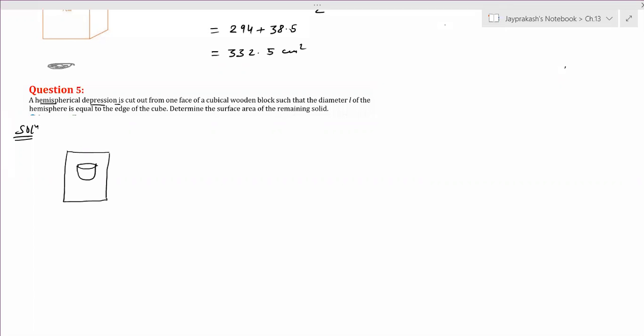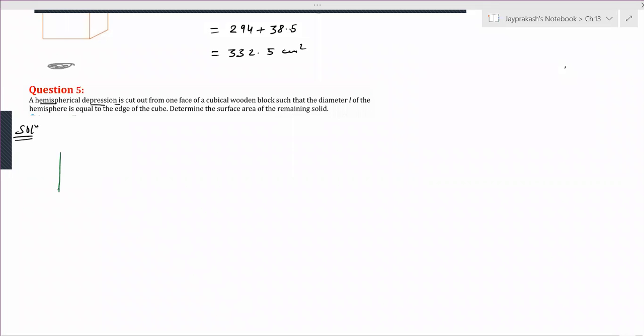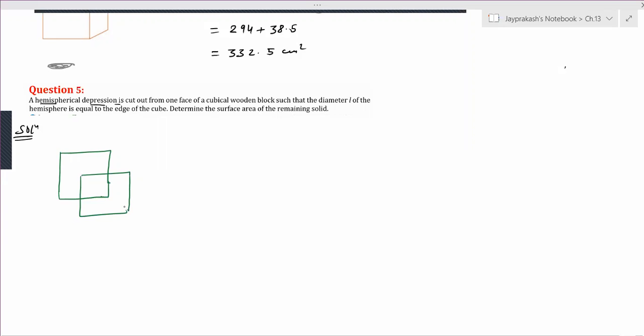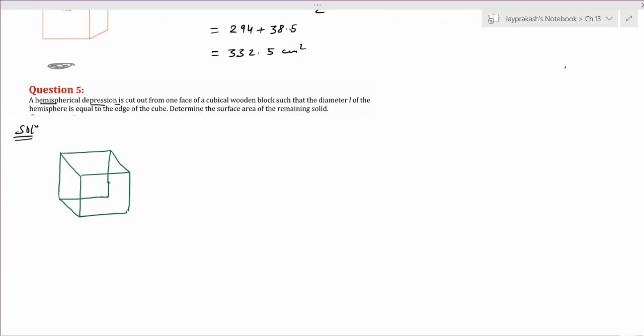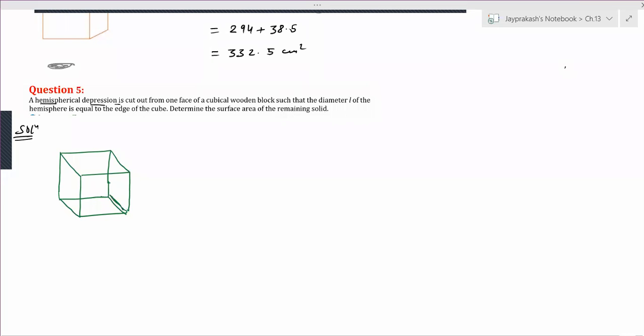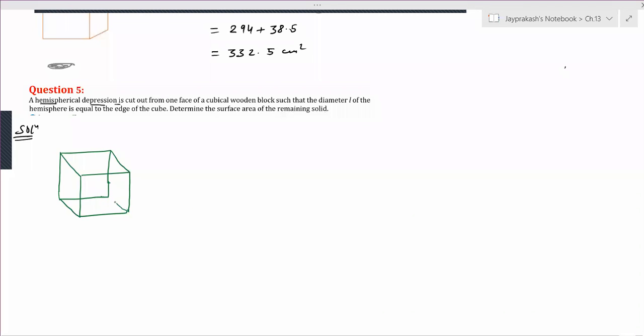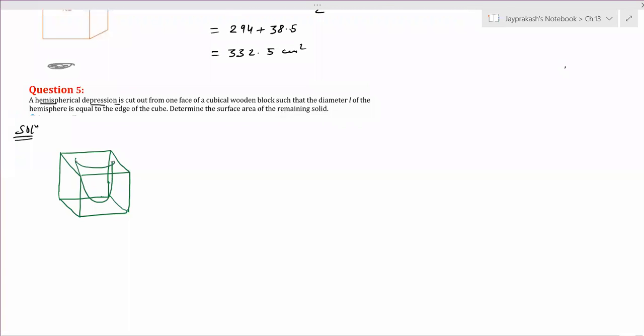Now it is given that we have a cubical box. Out of this cubical box, we have to take out a hemispheric depression. So when we take out some hemispheric depression, it is like something this way.